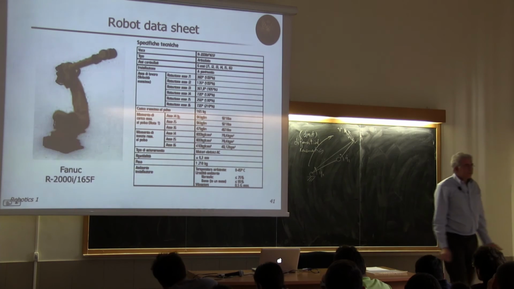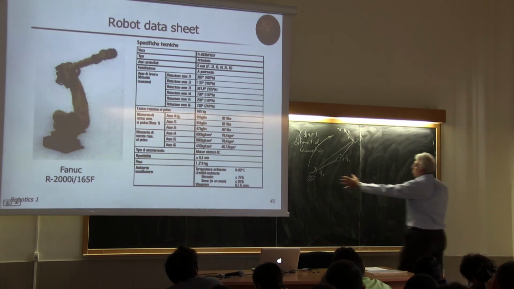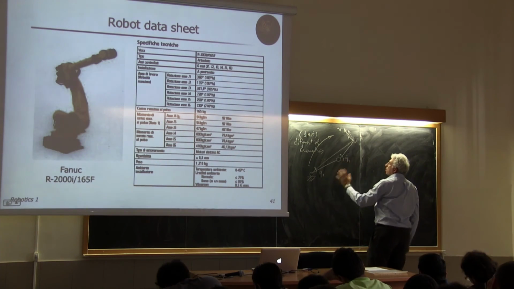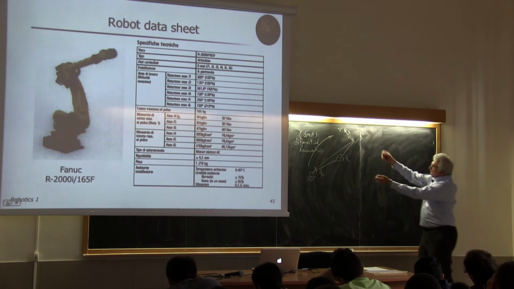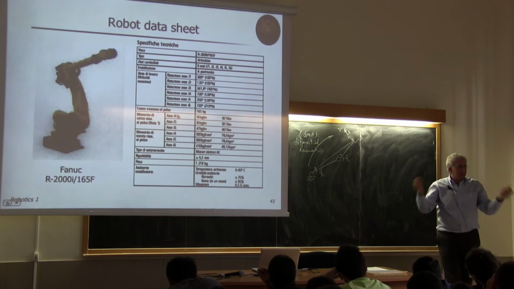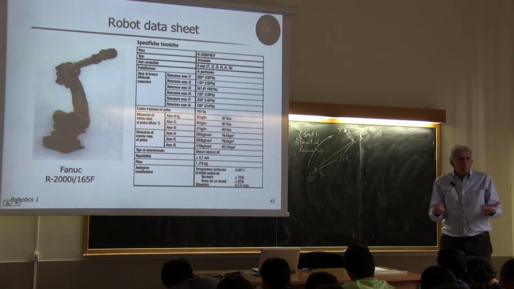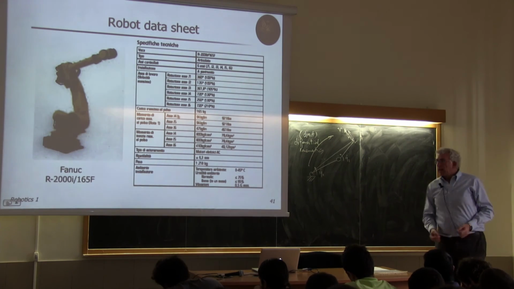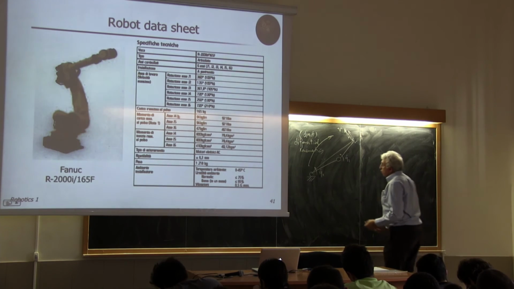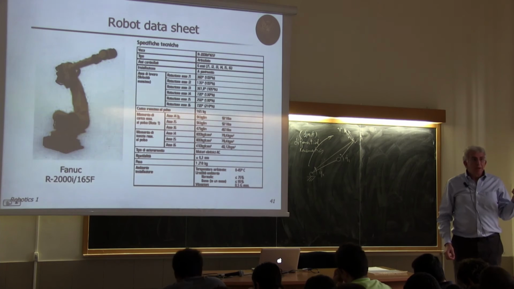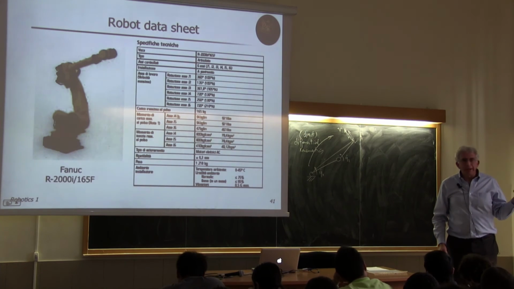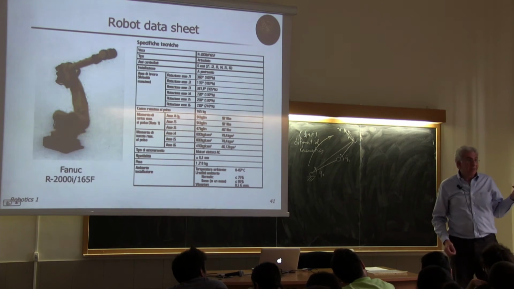Okay? So, in a given configuration, I assign joint velocity and I compute the velocity of the end effector. Now I've done a graphic computation, but this can be transferred in a numerical way. Of course, there will be an inverse differential kinematics. Who can guess what is the inverse differential kinematic problem?